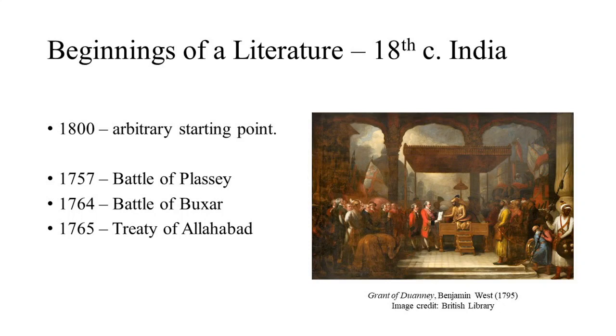And in 1764, the Battle of Buxar ensured the defeat of Mir Qasim, and this established the British as the superior power, especially in the northern parts of the Indian subcontinent. In 1765, the Treaty of Allahabad was signed between the Mughal Emperor and the East India Company.